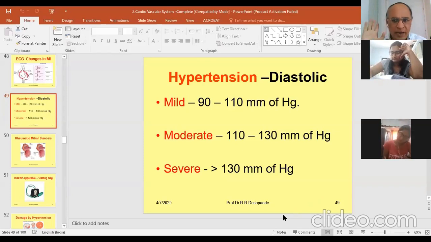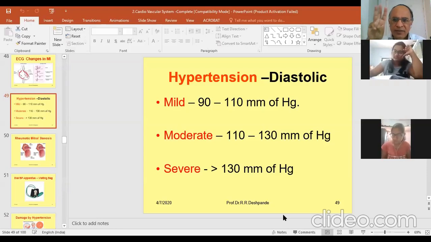Third thing, hypertension should not be diagnosed in one reading. The patient comes to you, you check the blood pressure and it is a little bit high, that means 140/100. Let it be. Don't shout. Don't tell the patient immediately, oh, doctor, see, you have hypertension. No, that is wrong. When you want to diagnose hypertension, you must check the blood pressure minimum for 3 days.